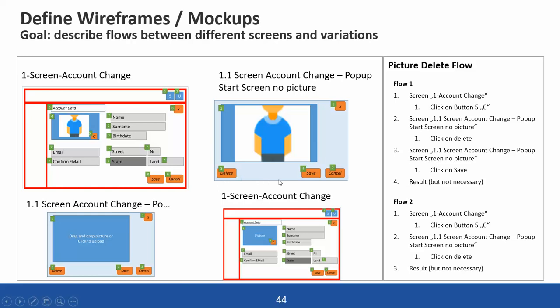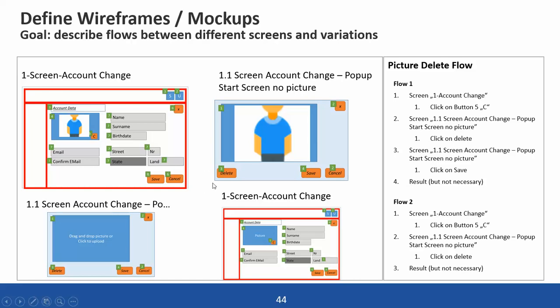But if you say that the users will upload the pictures and will more frequently then delete the picture and upload something new, then perhaps it's much better to go with the process delete and go back. So this is something that you have to decide, what is more convenient.